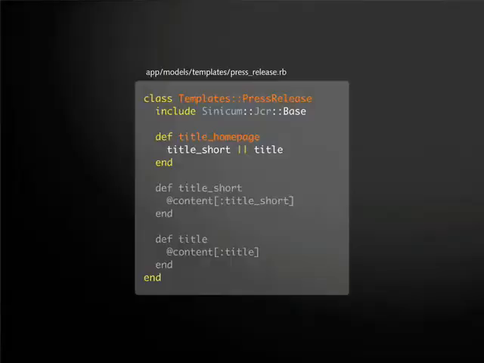When I create a template called press release, the system automatically looks whether I have in the package templates a class called press release. If this is the case, all is fine, and I use this class for the object. Otherwise, I use a very simple default implementation.